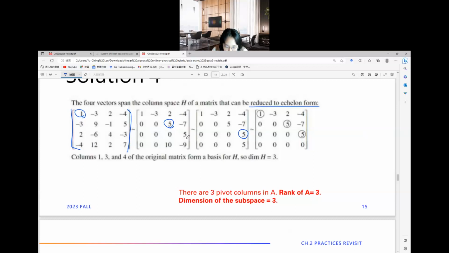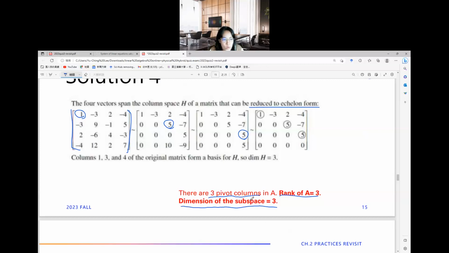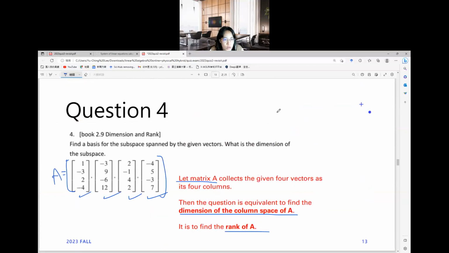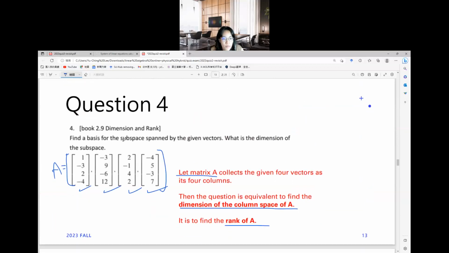So I have 1, 2, 3 pivot positions. So since there are 3 pivot columns in matrix A, the rank of A equals 3. And that is, the dimension of the subspace equals 3. Here the subspace corresponds to the subspace mentioned here, the subspace spanned by the given vectors.